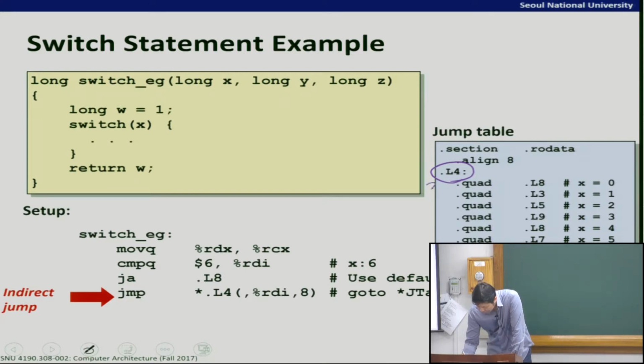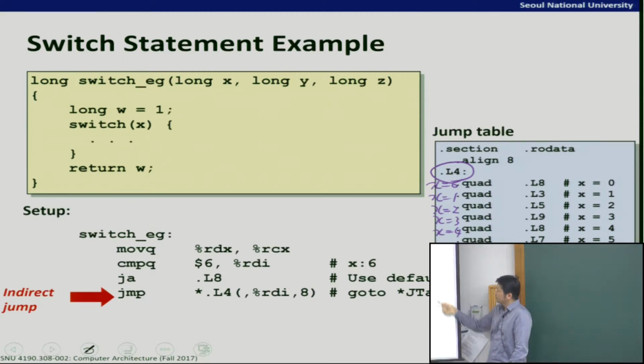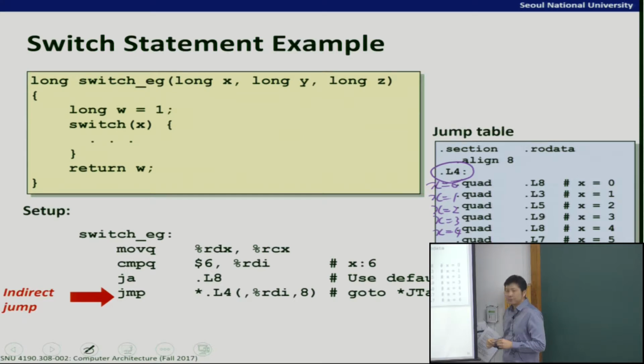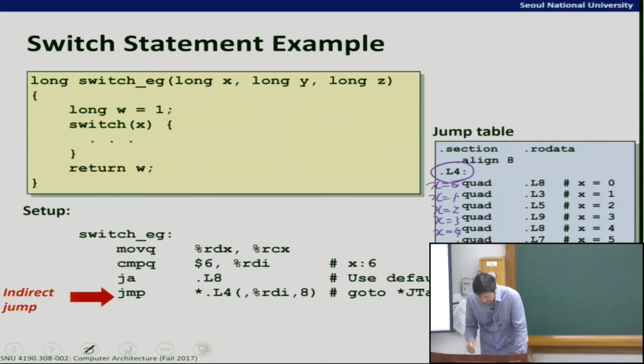This one is for x equals 0, this one is x equals 1, x equals 2, x equals 3, x equals 4, and x equals 6. So there are 7 entries for the values 0 through 6, inclusive on both sides. These are the target addresses for each case.